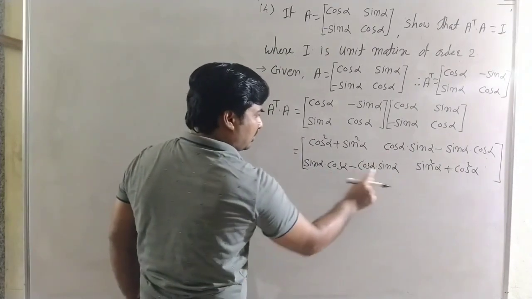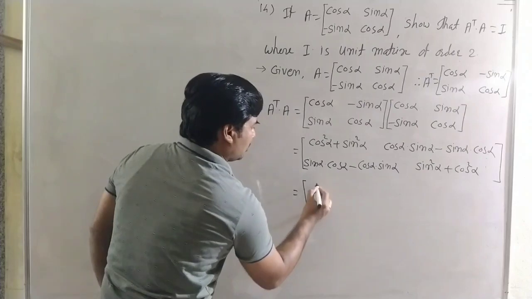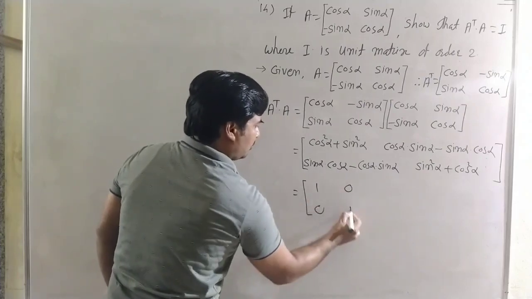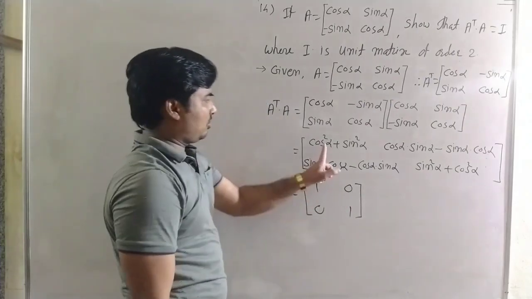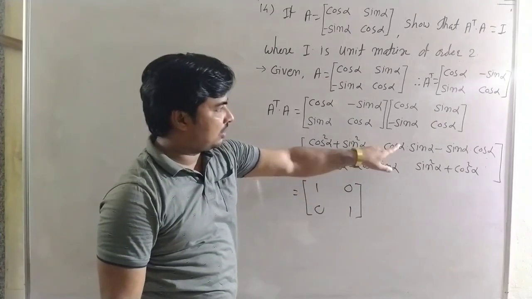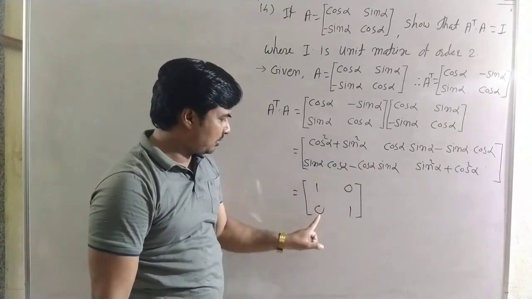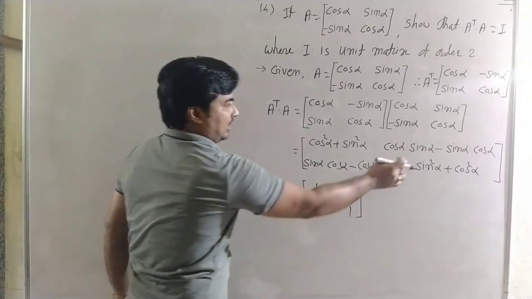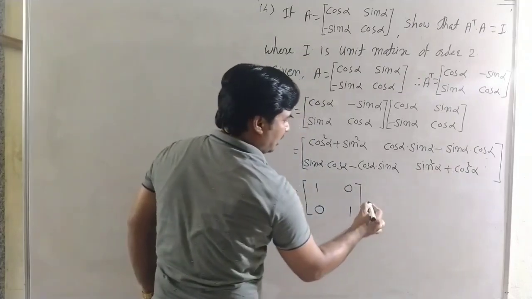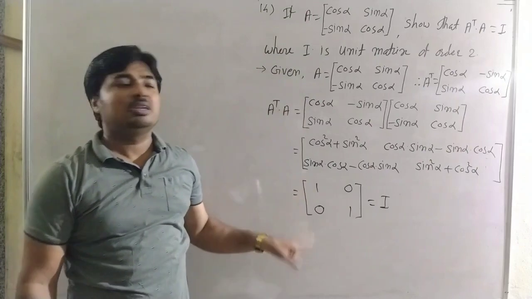Again sin alpha cos alpha minus sin alpha cos alpha will be 0, and then it is 1. So the matrix is 1 0 0 1. Okay, cos square alpha plus sin square alpha is 1, cos alpha sin alpha minus sin alpha cos alpha is 0, sin alpha cos alpha minus cos alpha sin alpha is 0, and sin square alpha plus cos square alpha is 1, and it is the identity matrix, and it is the proof. See carefully this.